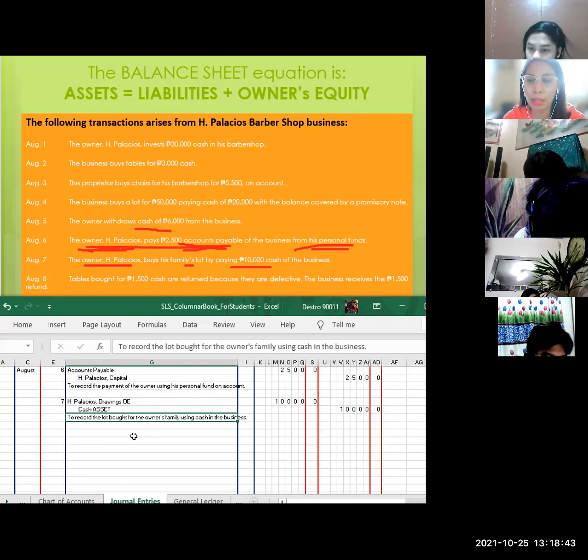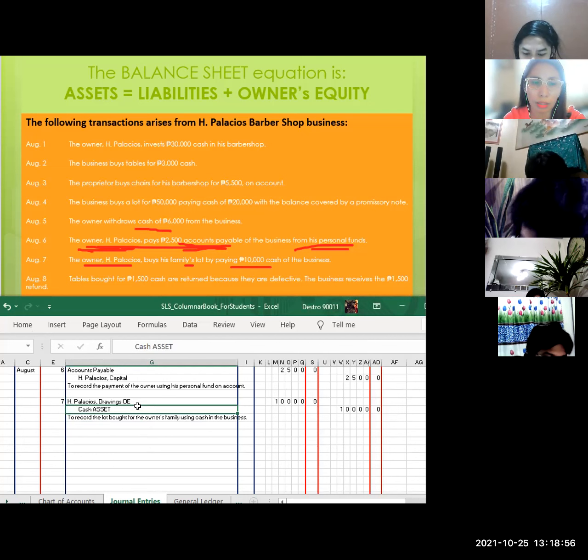Since merong payment or outflow ng money in the business, the cash should be placed on the credit side. Erase ko lang kasi ang title should not include, dito na lang ako maglalagay. Owner's equity and then asset.